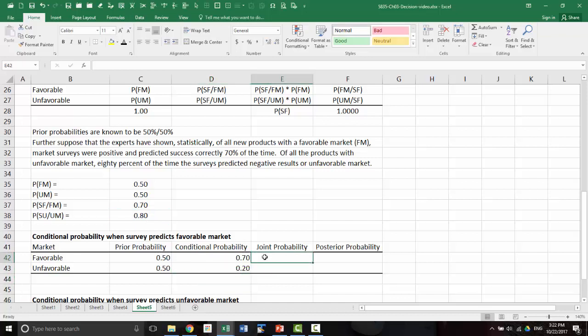The rest is pretty straightforward. You multiply the conditional probability with the prior probability, and you add the two, and that will give you the probability of SF. So that's that.